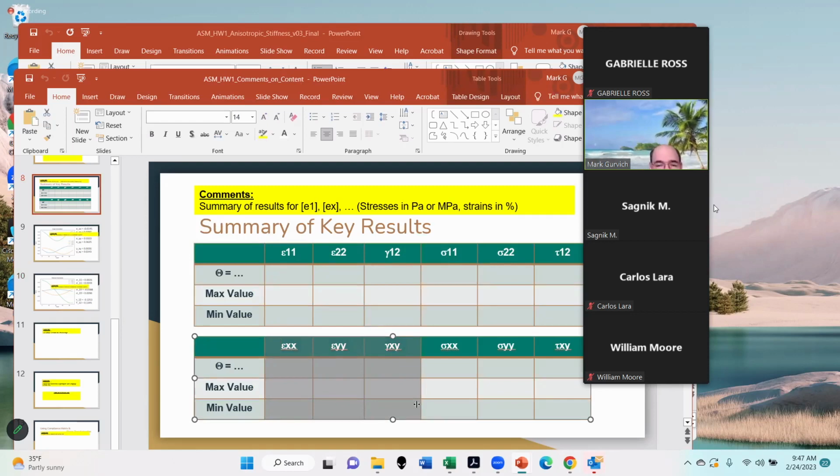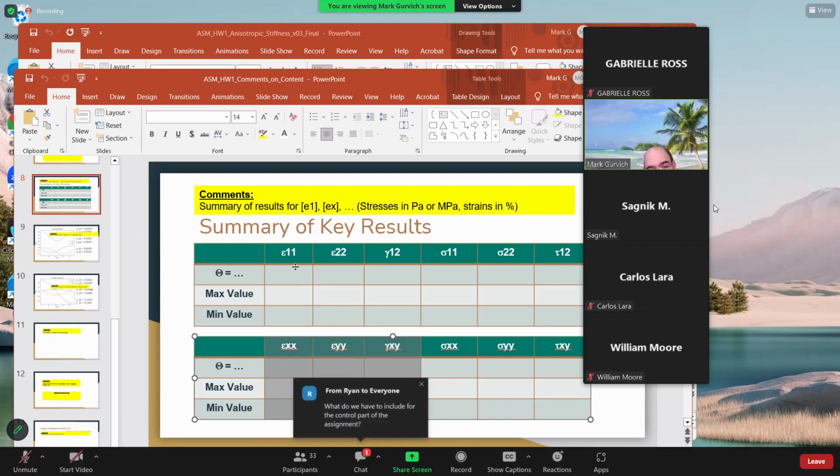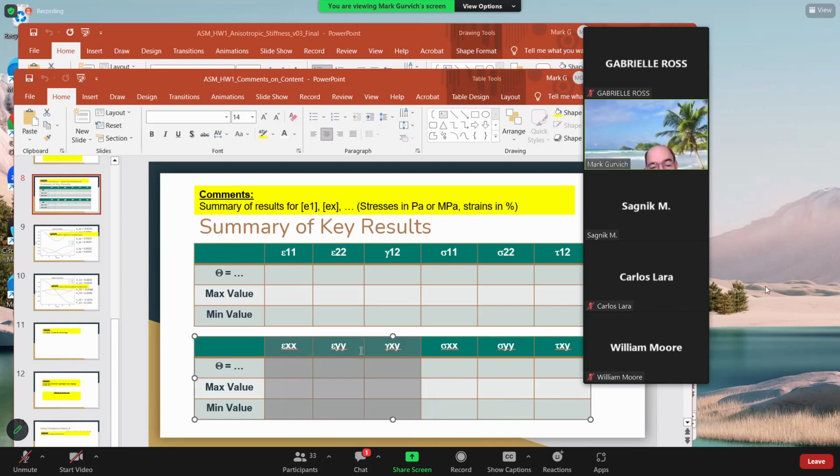It would be very systematic. The reason I forgot about this is that usually we need strain and stress in material coordinates to make a judgment regarding strength. Usually this is critical, but this is also very important information.